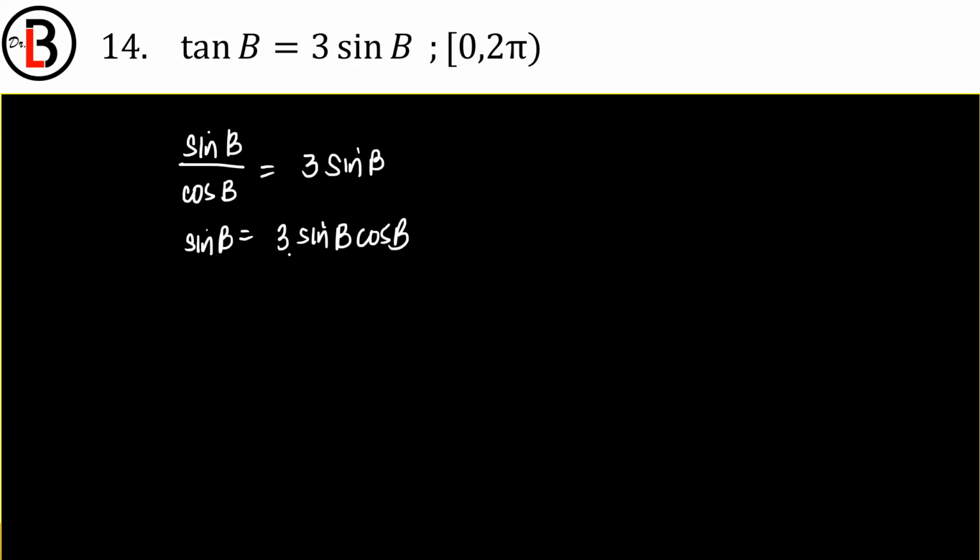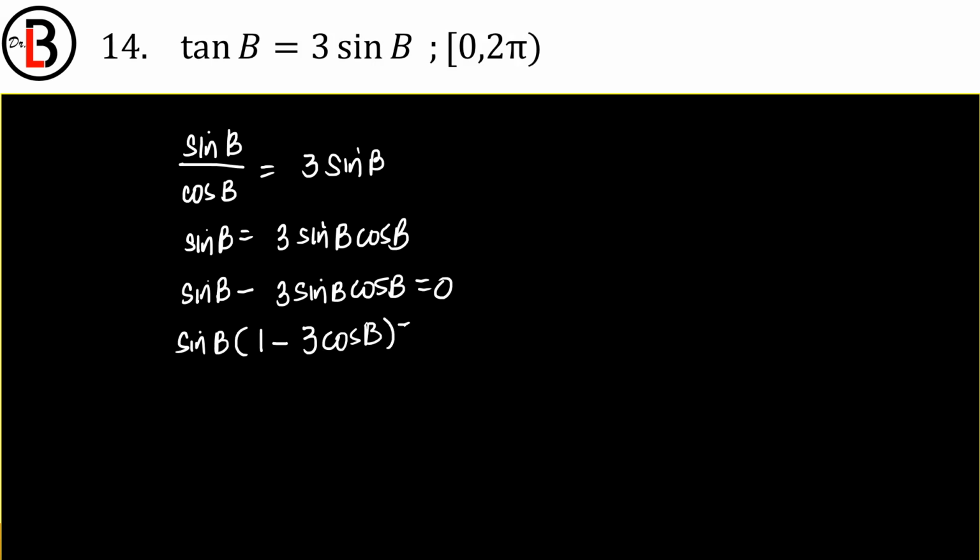Yes, but then if we cancel the sine, it will only give us one expression, which is 1 equals 3 cosine B. Whereas if I factor out the sine, this will give me sine B times 1 minus 3 cosine B is 0. So that means I'll have sine B equals 0 or cosine B is 1/3, right?